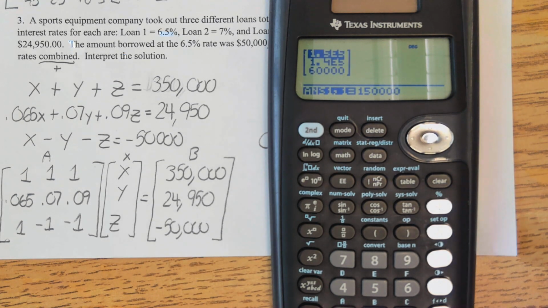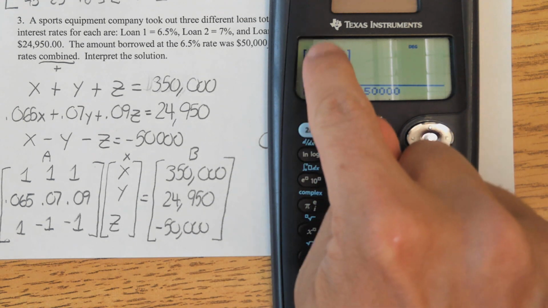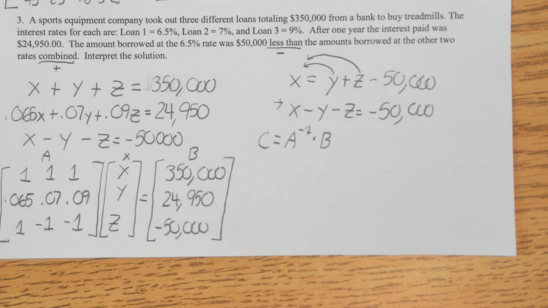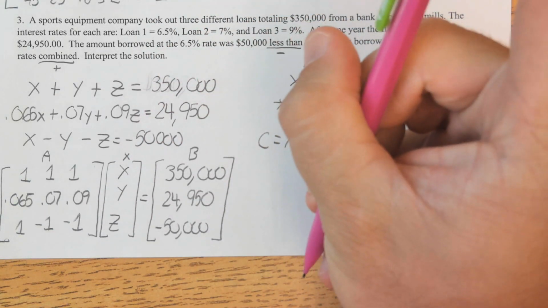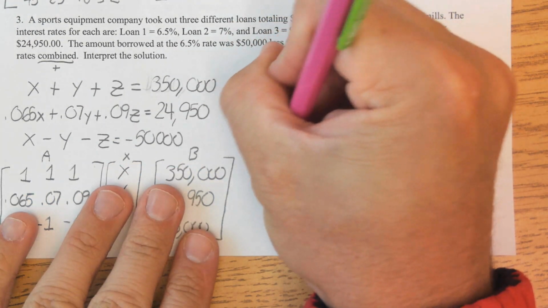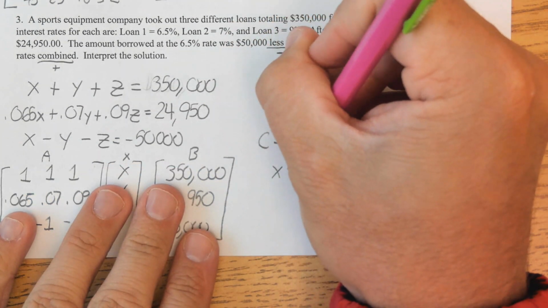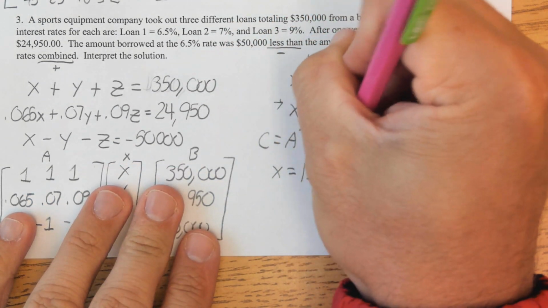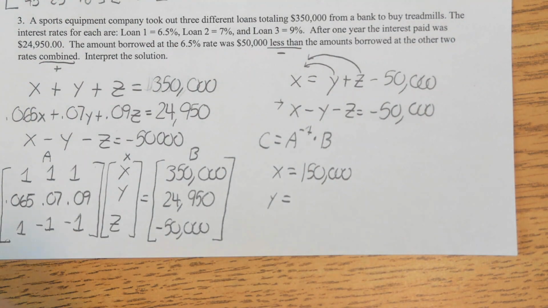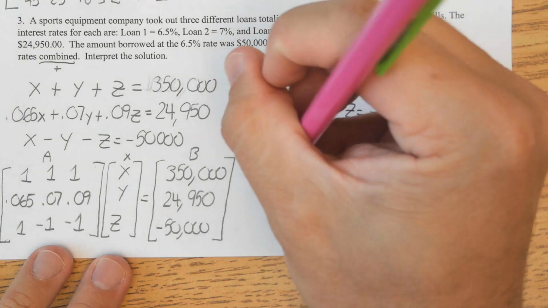So we get to figure out how much each loan was. Now, it's going to look weird up here, but look down here, it tells you. Okay, so the first loan, right? So we'll say X equals 150,000. So that's loan 1. Y equals 140,000.